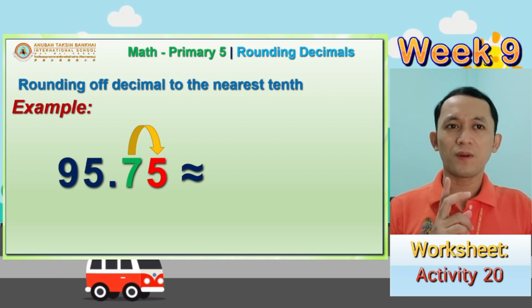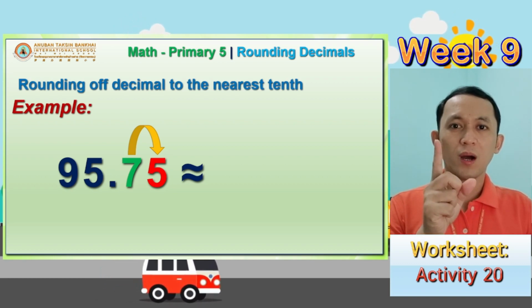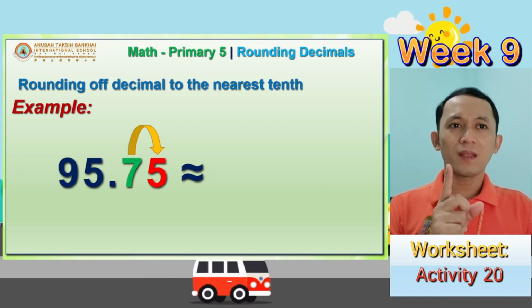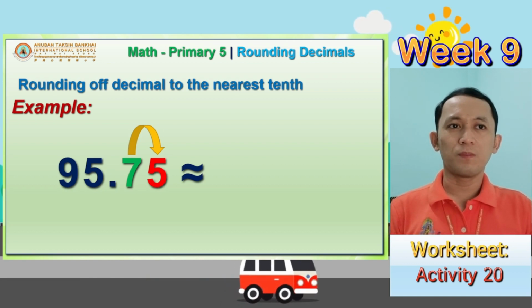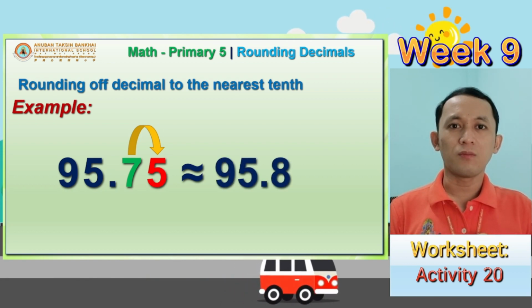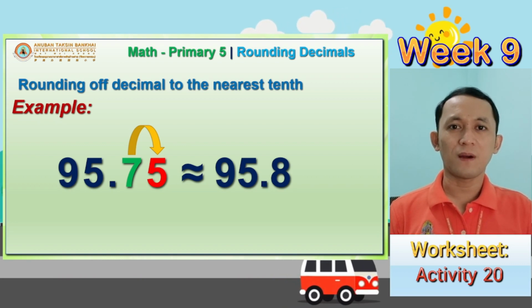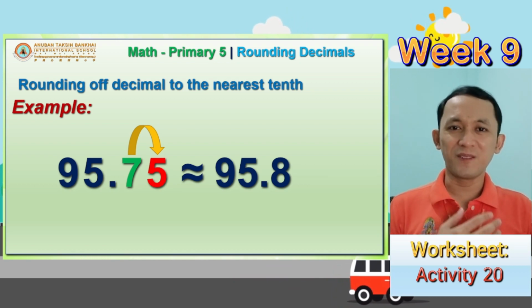Since our tenths place is 7, we're going to add 1. So 95.7 plus 0.1 would be 95.8. So our final answer is 95.8.